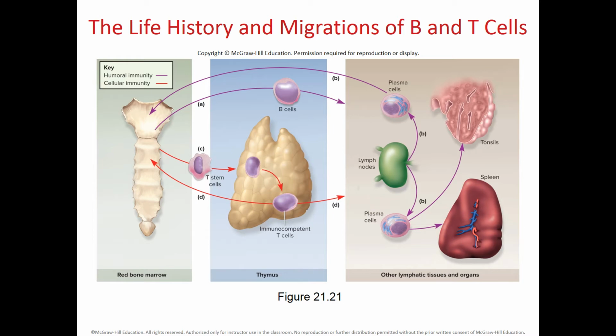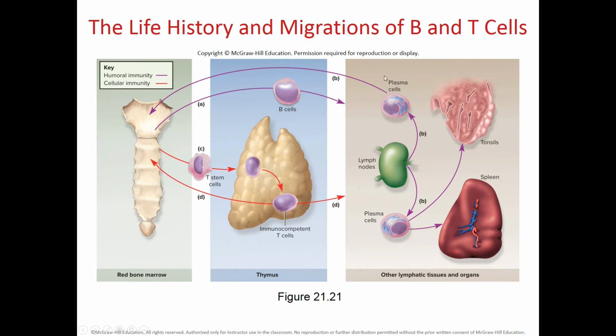So it will involute, it will regress, because by that time we have been exposed to so many antigens in our environment that we don't need a training school for the T lymphocytes. We're supposed to be fully immunocompetent at some point, and then the thymus will disappear or regress.